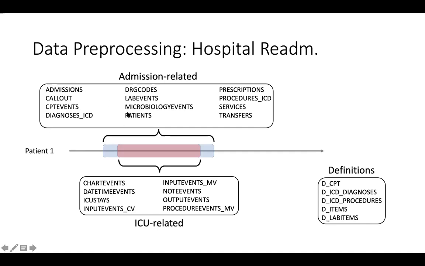So you need to go through at least patients, admissions, and ICU stays. Some tables you must go through, some are optional. For example, if you want to use diagnosis information, then you might want to use this table. But if you're not interested in using diagnosis, then there's no need for you to go through this. So that's up to you.